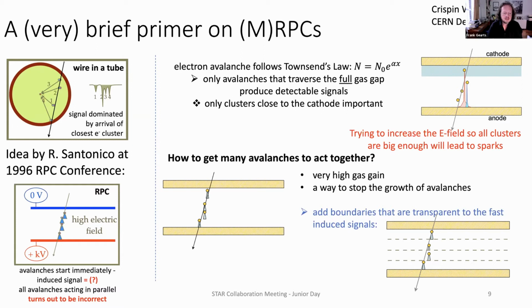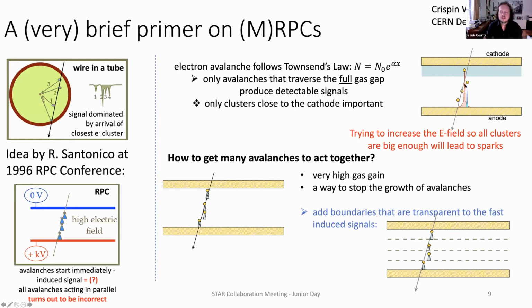That was a neat idea, but it turned out to be only somewhat correct, though it did put people on the right track. The problem, which I show on the right side of this slide, is that the avalanches that happen when a charged particle goes through a gas, or the ones that produce detectable signals, I should say, really only happen close to the cathode. We see that mostly the detectable avalanches are the ones that traversed the whole gas gap.